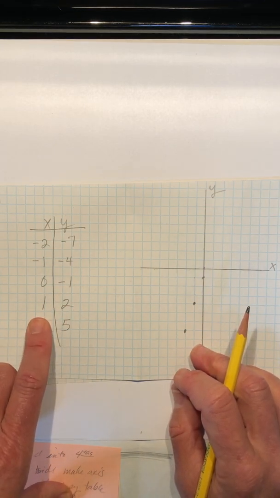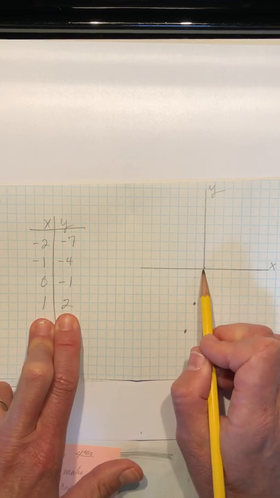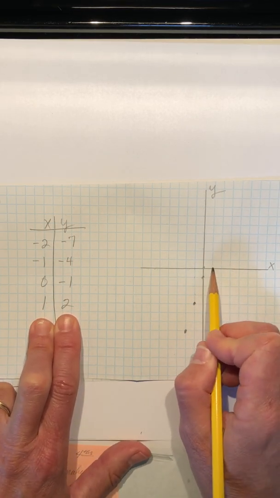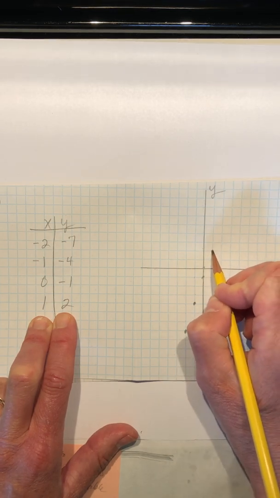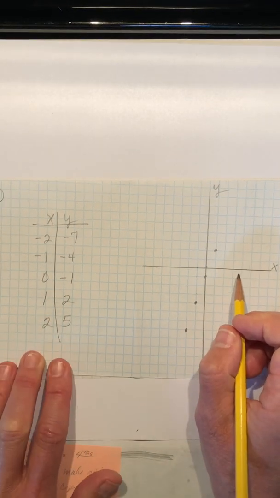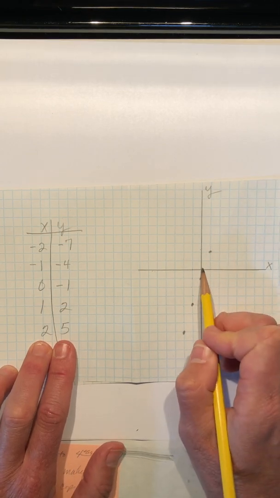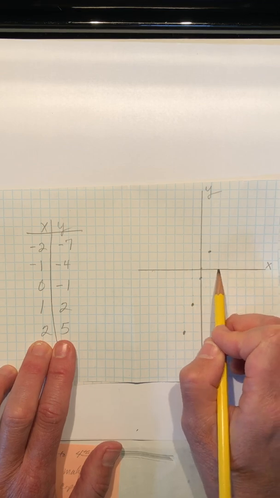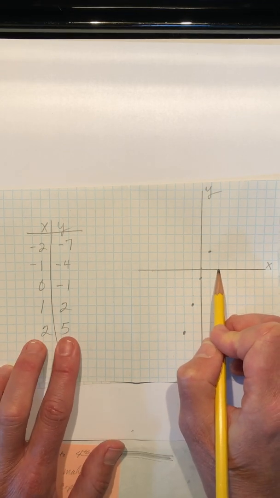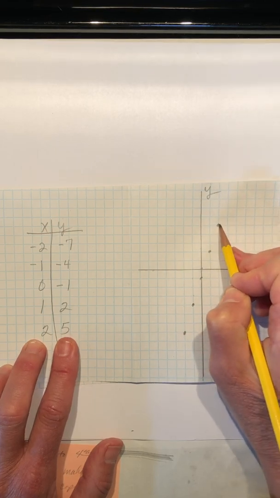Okay, now we've got 1, 2. Now we're going to run in a positive direction. 1, and we're going to jump a positive 1, 2. And our last point, 2, 5. So I'm starting at my origin. Remember, that's 0, 0. I'm going to do a positive run, 1, 2, and a positive jump of 5. 1, 2, 3, 4, 5.